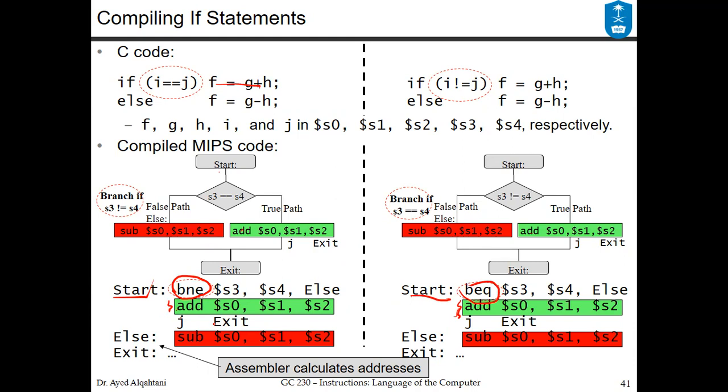Now you're done with the true path. The third piece of information is the wrong or the false path, which is else followed by the instruction in the else path. And the last piece is the exit label. Notice the usage of the labels. In the branch, we use the else. That is here. Once you're done with the true path, you use jump to the exit, which is here.